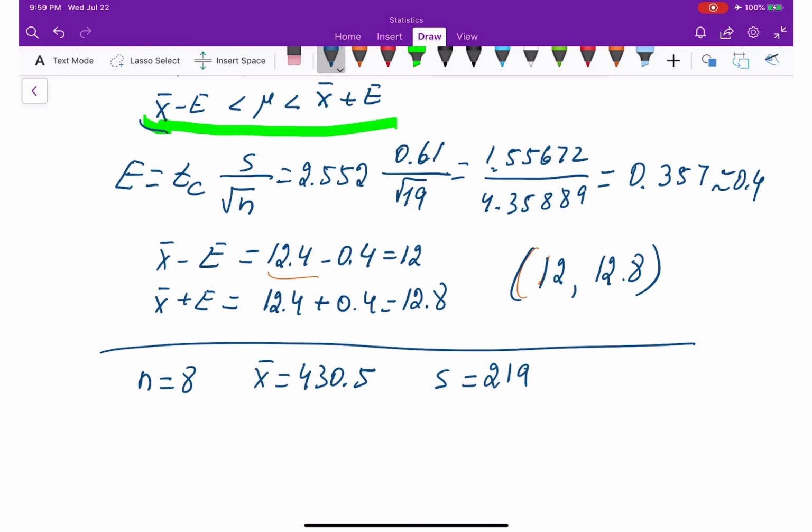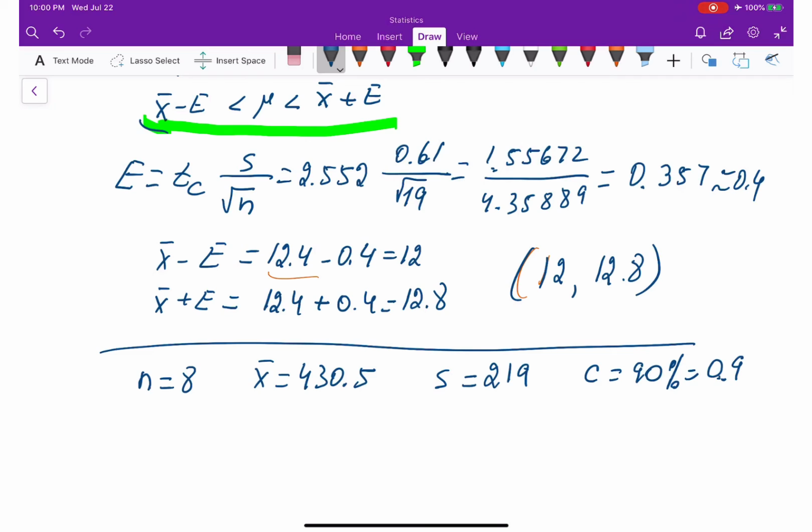Assume the population is normally distributed and use the t-distribution to find the margin of error and construct a 90% confidence level, which is equal to 0.9, margin of error and confidence interval for the population mean mu.